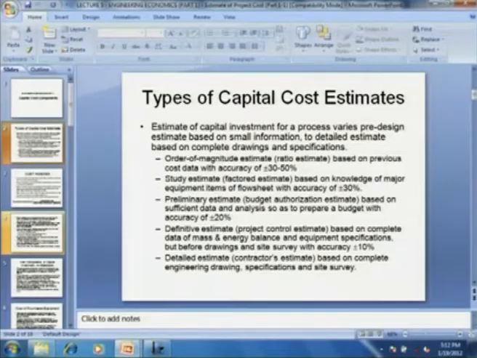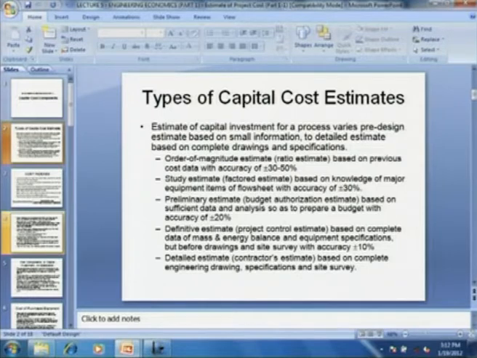Capital cost estimates. The estimate for capital investment for a process may vary from a pre-decision estimate based on little information except the magnitude of the proposed project to a detailed estimate prepared from complete drawing and specification. Between these two extremes of the total economic analysis, we have to develop the capital investment estimate through various steps, and there could be numerous other estimates that vary in accuracy depending upon the stage of development of the project.